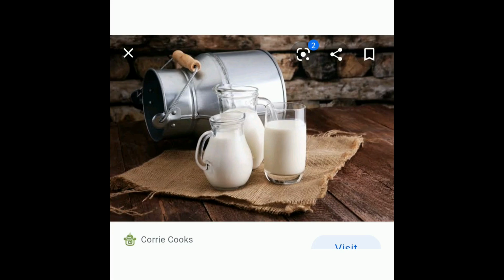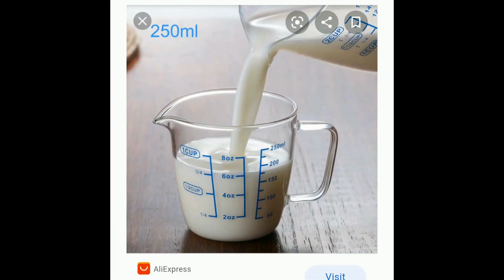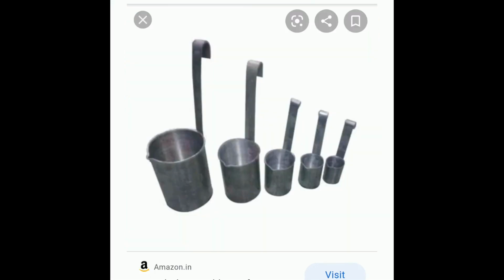Let's make a measuring vessel for 1 liter. It's illustrated in the textbook, page number 26. We can use a chart or paper for making a vessel. So now we are making a vessel having 10 centimeters length, 10 centimeters breadth and 10 centimeters height.